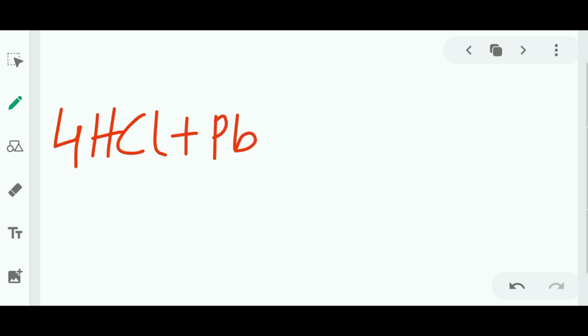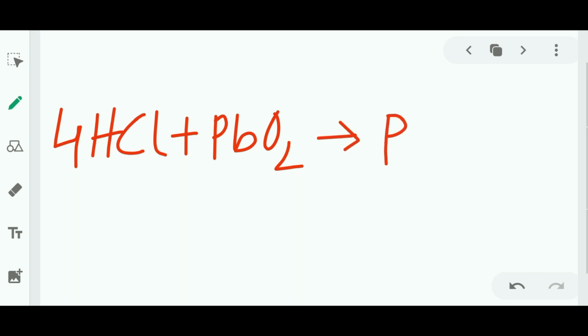Suppose HCl reacts with lead oxide. Whenever 4HCl reacts with PbO2, it reduces PbO2 to PbCl2, and it also produces chlorine gas and water is formed.